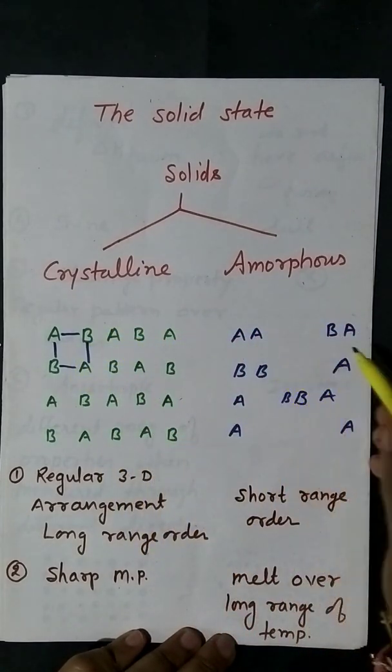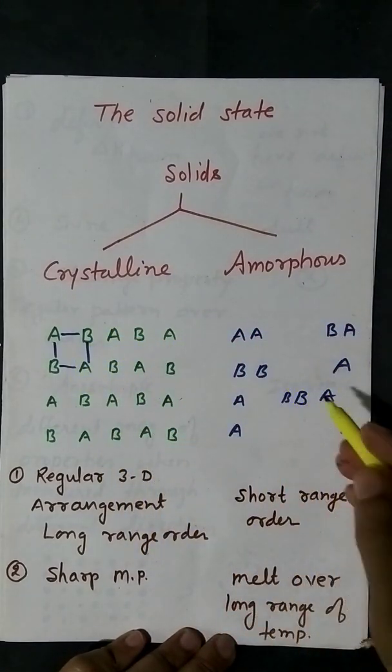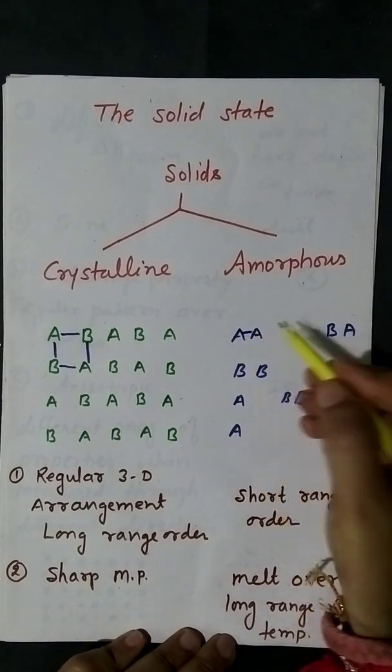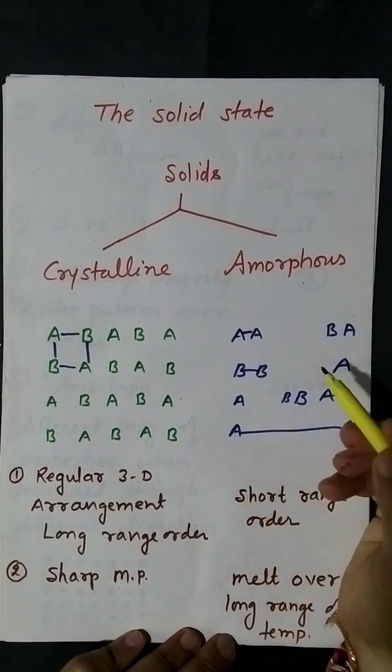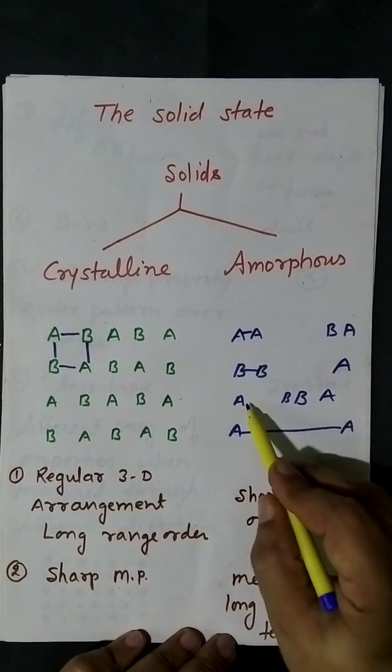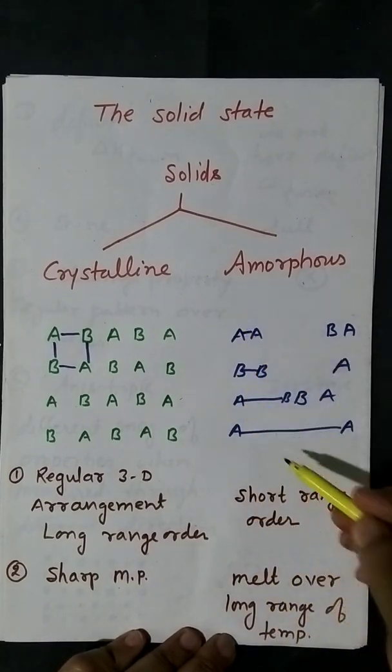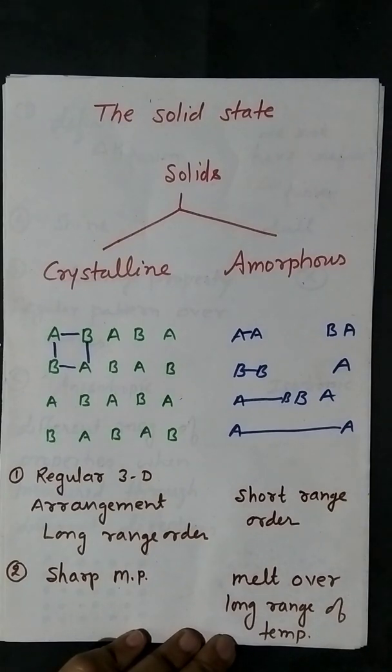But here you can see a variety of chemical bonds. These A are very close to each other, these A are very far from each other. Here this is a bond between B and B, here a bond between A and B. So the types of bonds are different, the types of force are different, therefore they break at different temperatures.